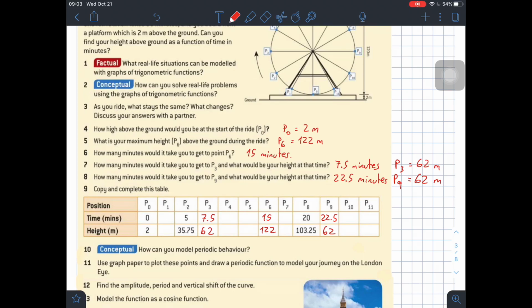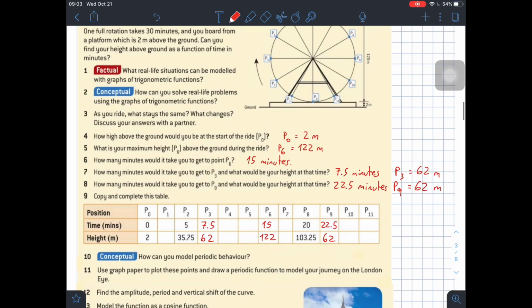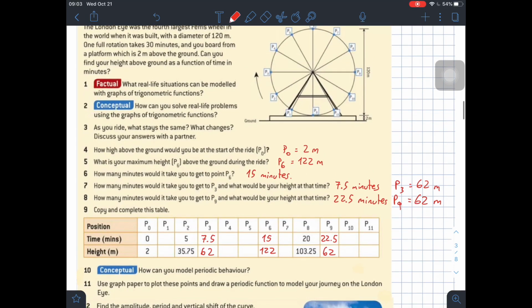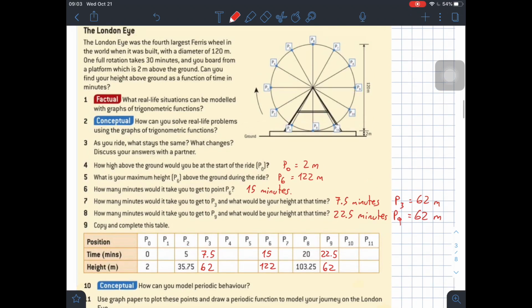One way to find the time for each of the positions is to divide by the number of pieces we have in the Ferris wheel. How many pieces do we have? We have 1, 2, 3, 4, 5, 6, 7, 8, 9, 10, 11, and 12, right?